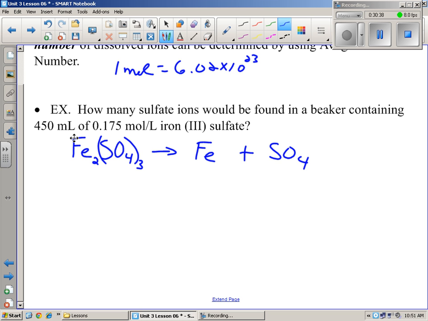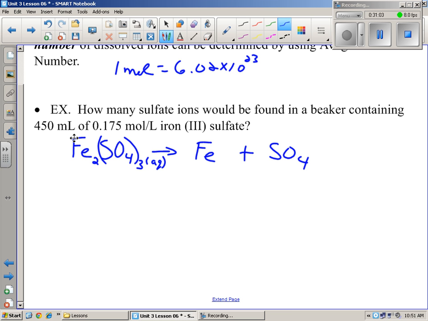Look, it's 450 milliliters of 0.175 molar iron(III) sulfate. So they're telling me basically right now that it's a solution already, probably. Okay, we're going to take this solution. So I would probably tend to say aqueous makes a little bit more sense. But if you put solid, for now, that's okay. All right. However, over here, we need to think about, okay, what are the two ions?